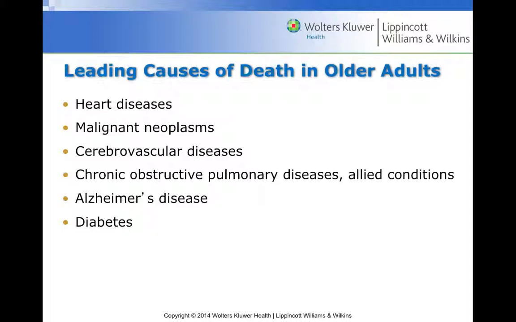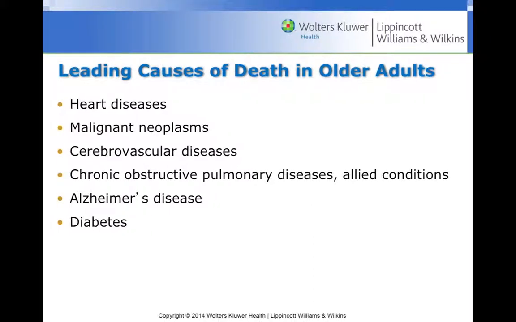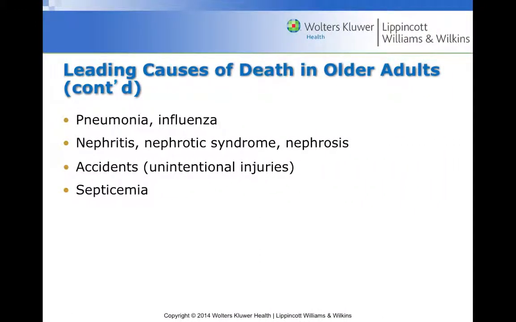As nurses, we are challenged to promote positive, lifelong health behaviors because the impact of unhealthy behaviors and choices can lead to those chronic diseases. Here are some more examples of some of the leading causes of death in that older adult population.